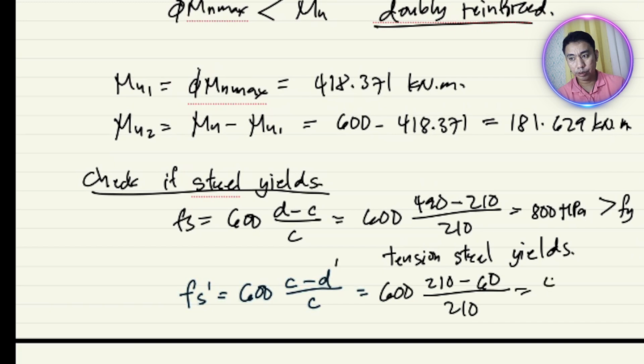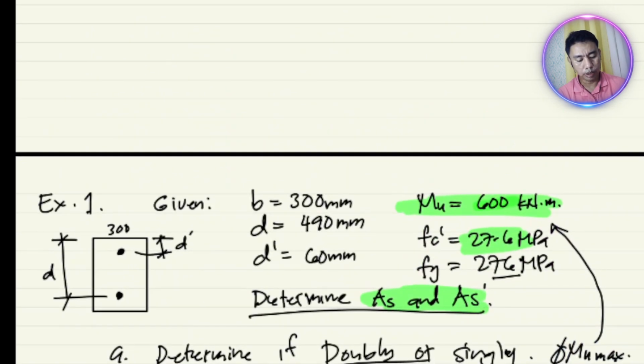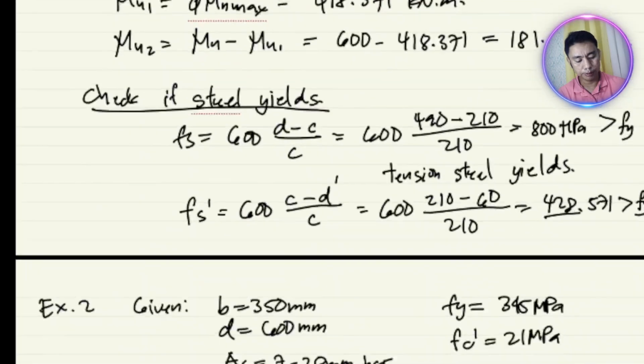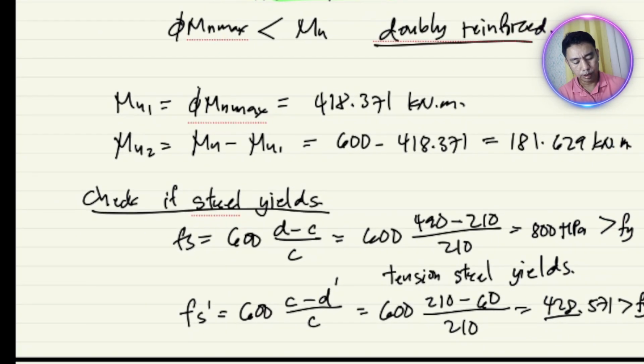So the result is 428.571. This is still greater than Fy, 428. Kasi ang Fy natin is only 276. Okay? So we say that the compression still yields.